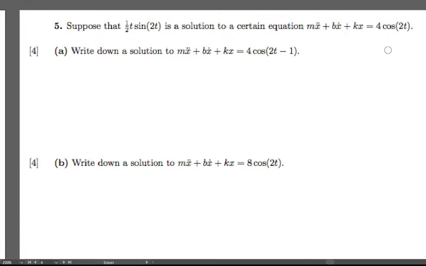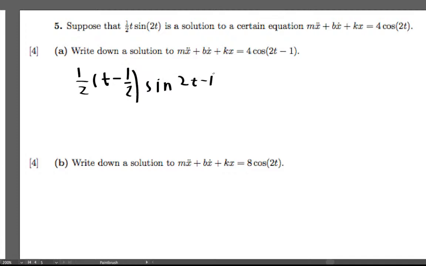Therefore, using the same logic, it's half t minus half times sine 2t minus 1.